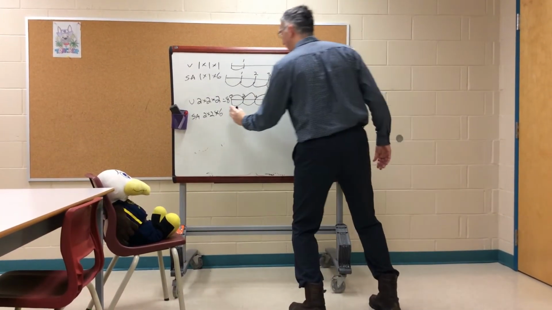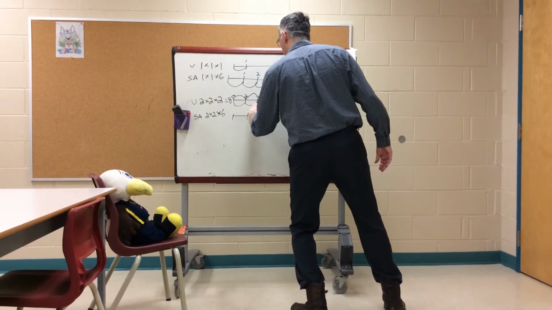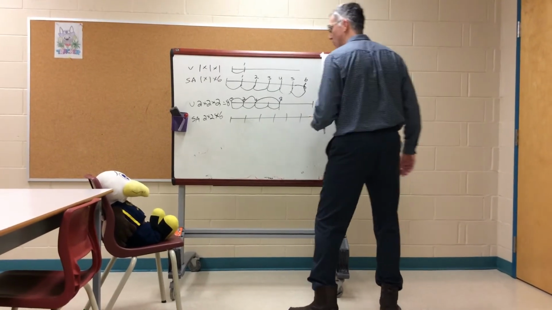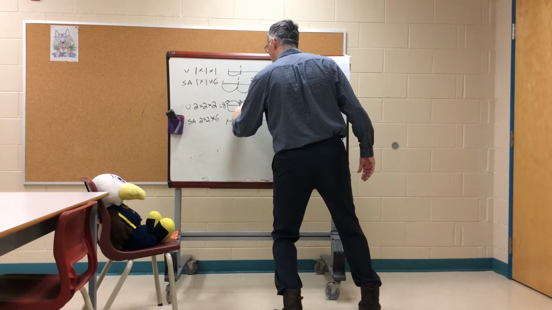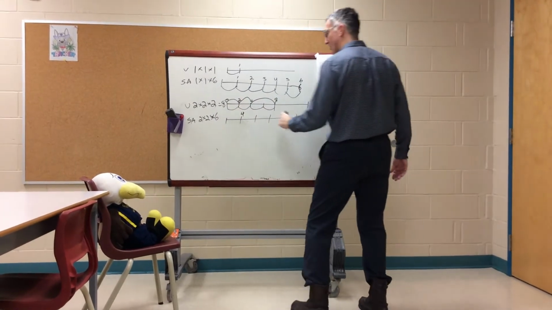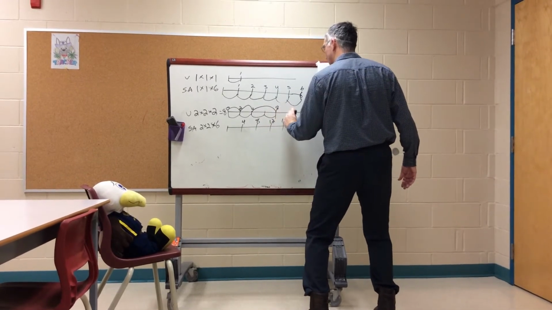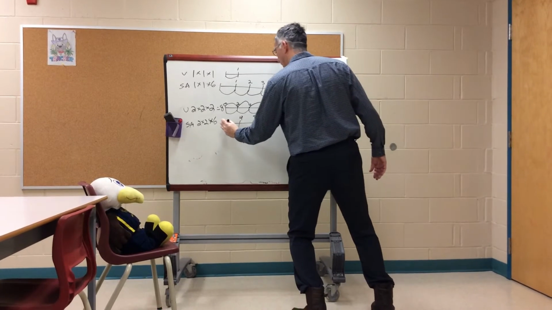Again, with my surface area, I'm going to think in these terms. 2 by 2 is 4, and I'm going to do that 6 times. 8, 12, 16, 20, and 24.